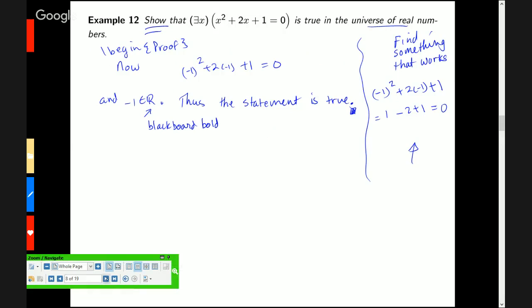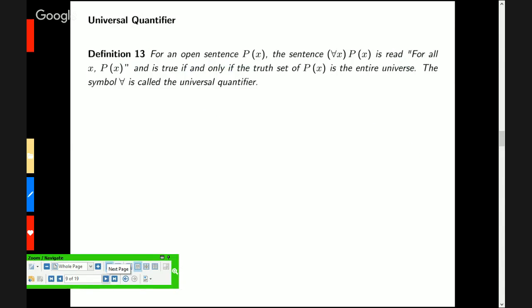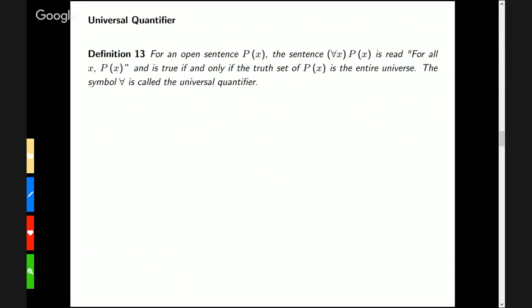Okay, let's look at another one. Oh, universal quantifiers. I took the next example out. Universal quantifiers mean for all. So this would be for all x, p of x is true. And that means that p of x has to be true for the entire universe.